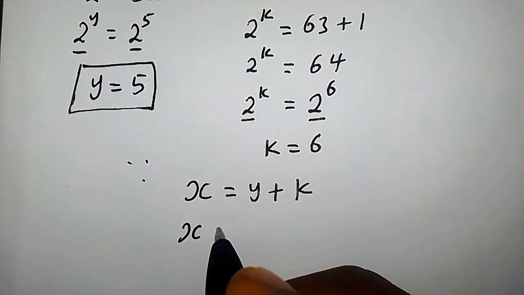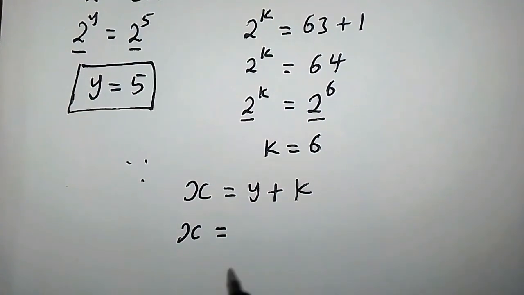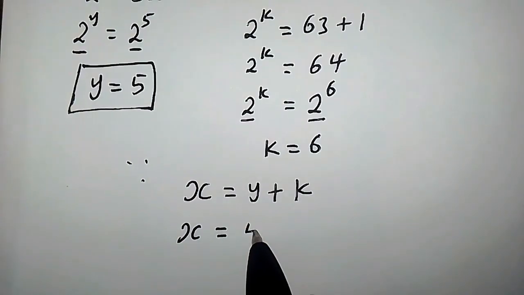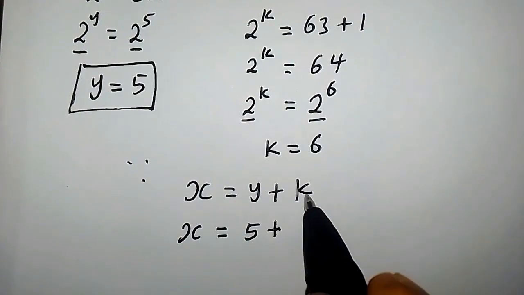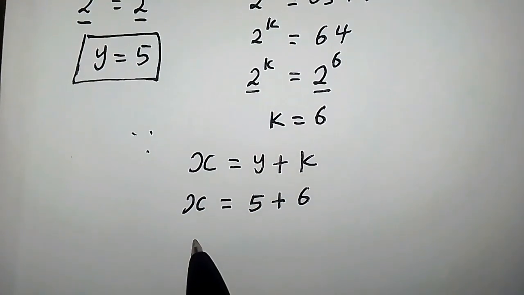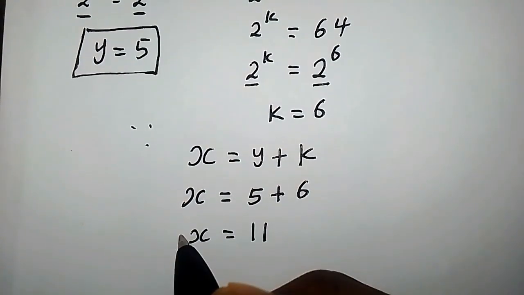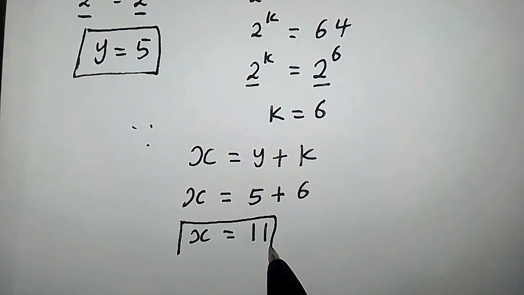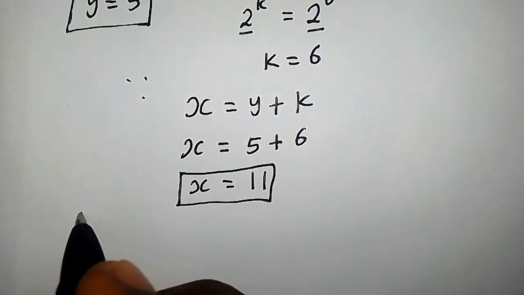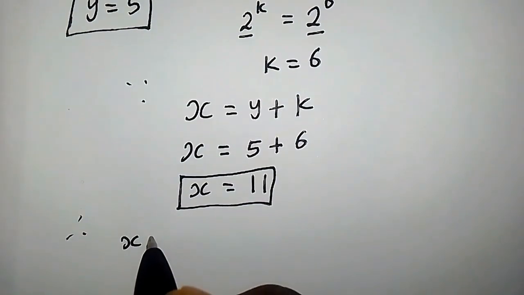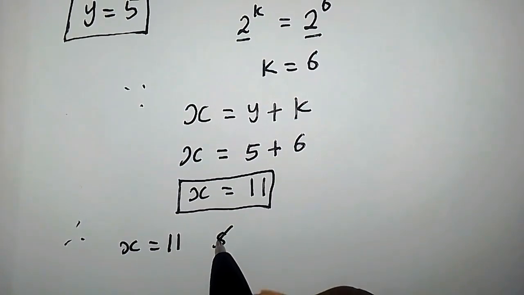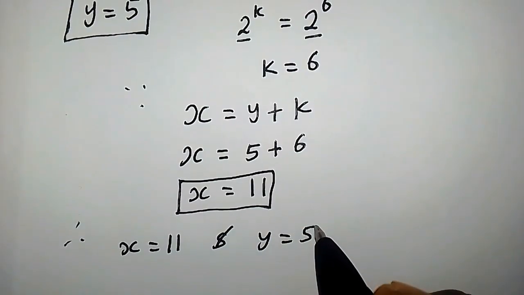So x is now equal to, what is y? y is 5. k is 6. x equals 5 plus 6, 11. This is the value of x. Therefore, x is 11 and y is 5.